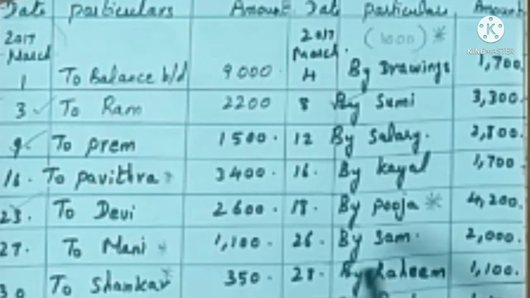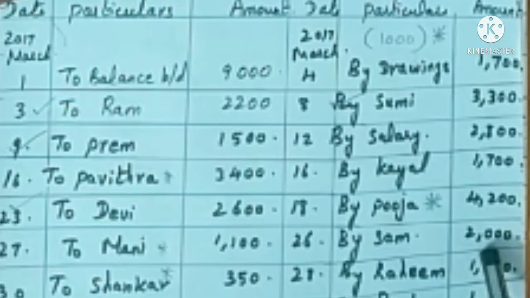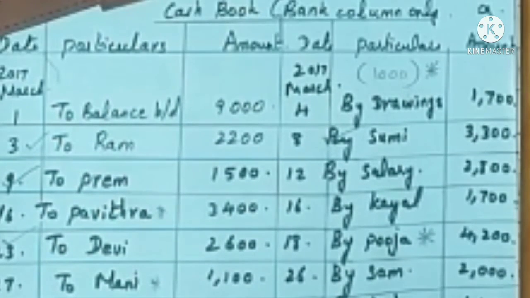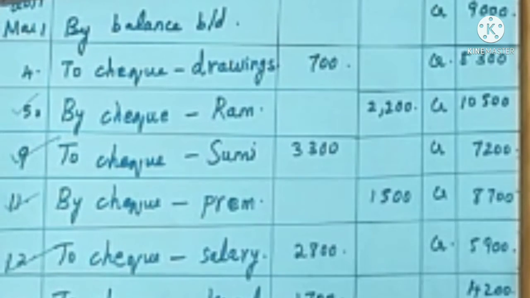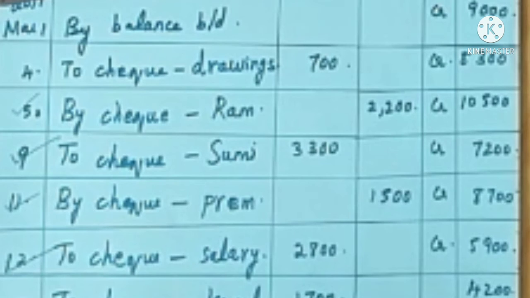Next one is by Sam rupees 2000. It is credited in the cash book. So in passbook it should be debited. Let's see whether it is debited. So in passbook it is not debited. That is rupees 2000 is not debited in passbook.